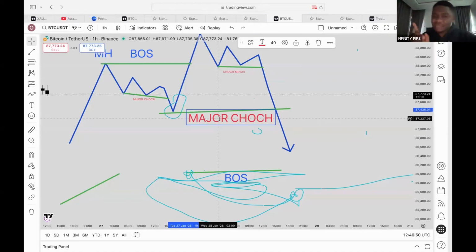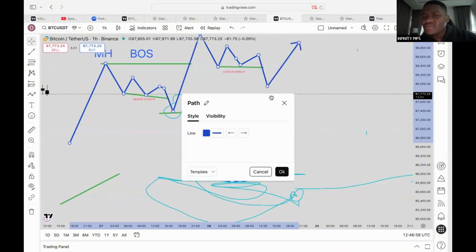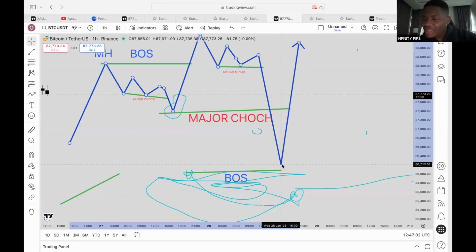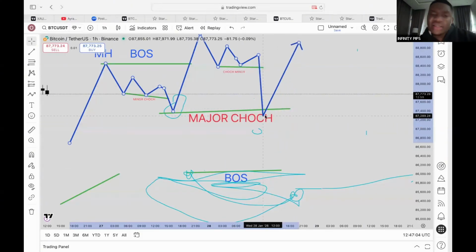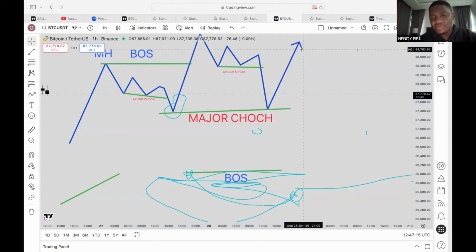But last but not least, how do I identify when it reaches here? How do I know that it will not just go up from here? What about if it reaches here and doesn't drop and start to sell? What are the 2 or 3 ways I can use to identify that the market is going to sell?